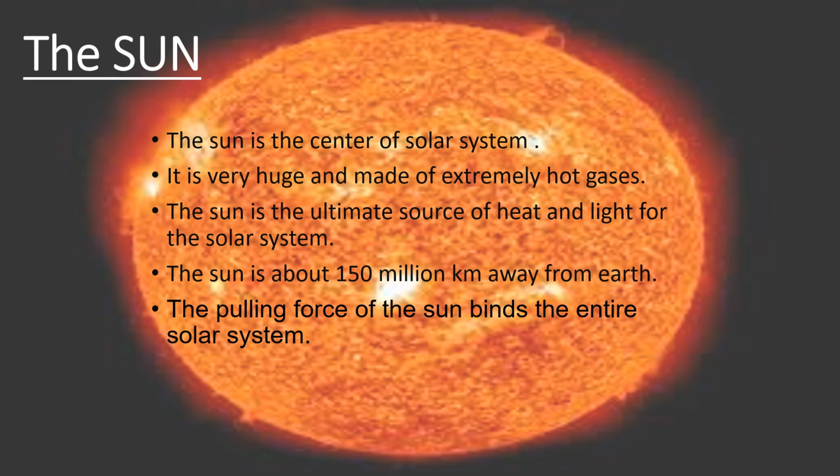And the sun is the ultimate source, meaning the only source of heat and light for the solar system, so it is said to be a natural source. In other words, the sun is the natural source of heat and light for Earth and other planets in the solar system.